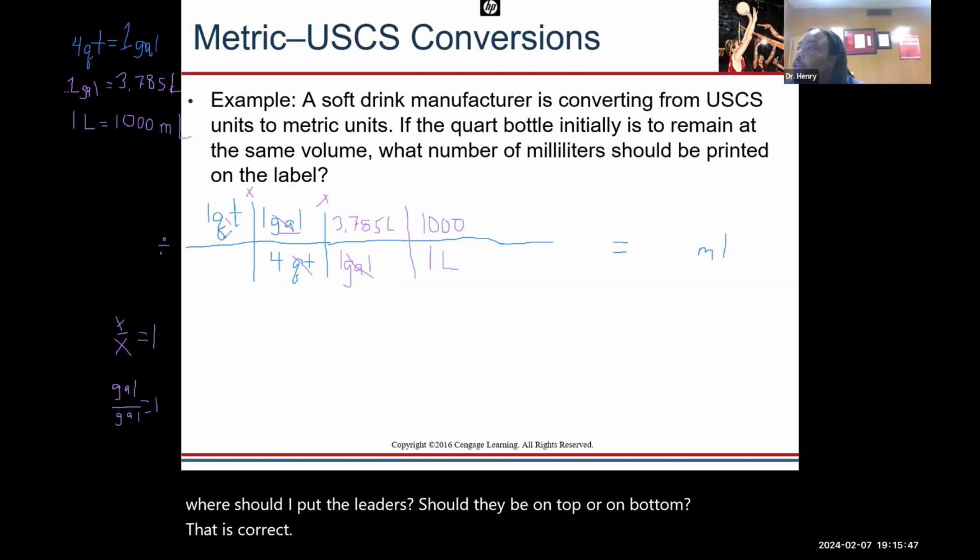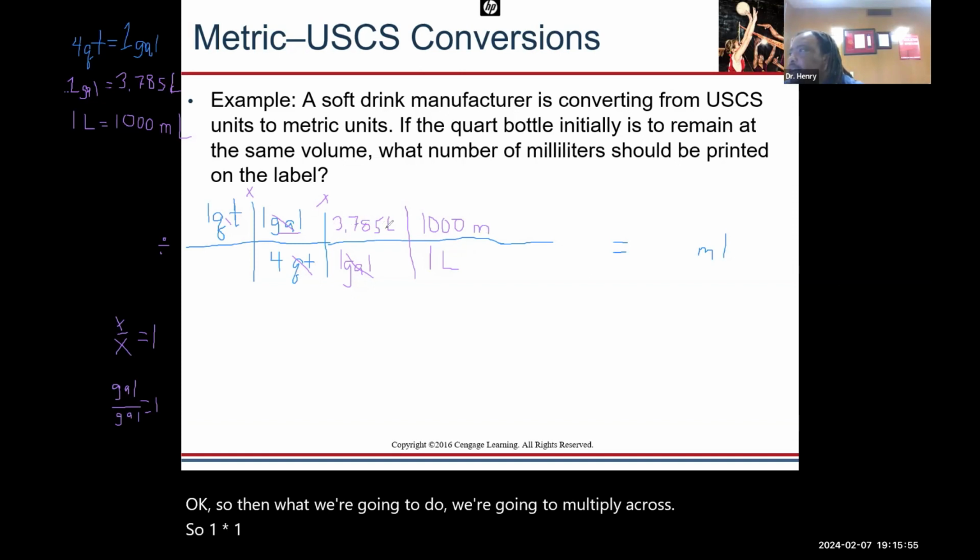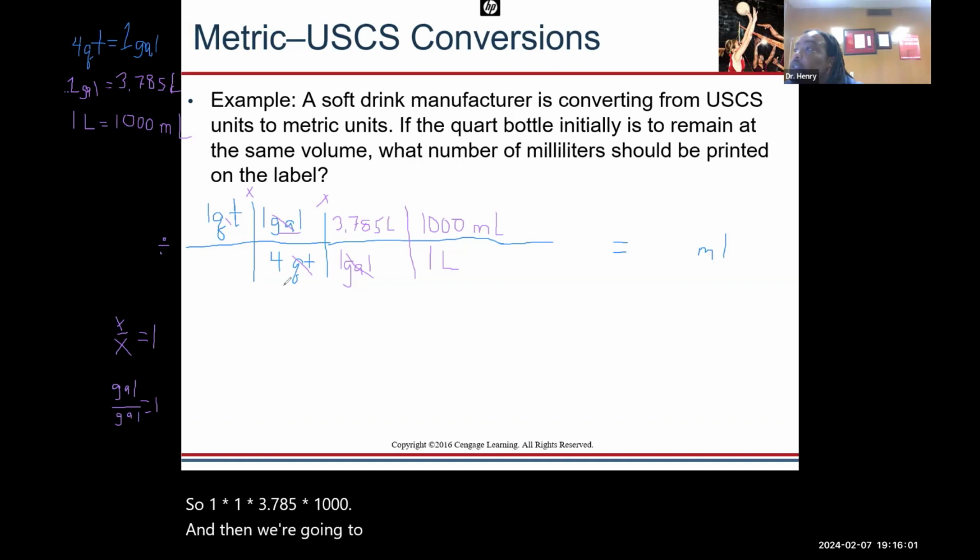Okay, so then what we're going to do, we're going to multiply across. So 1 times 1 times 3.785 times 1,000, and then we're going to divide that by 4, right? And then we had 4 times 1 times 1.